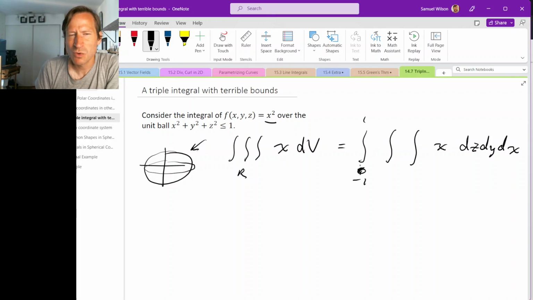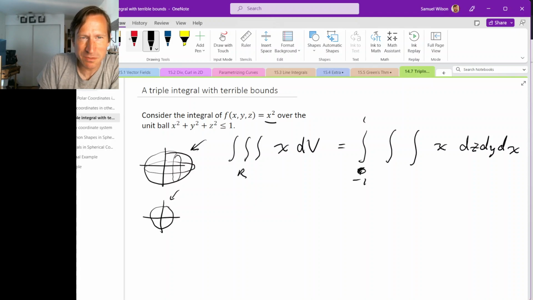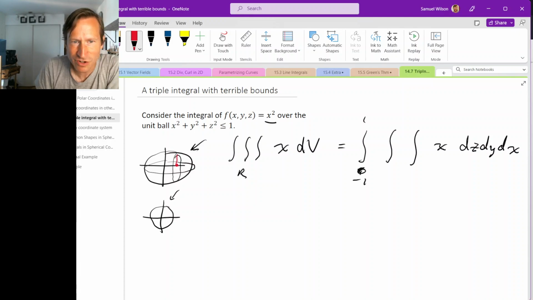What y coordinates does it touch? If you take a slice at a certain x position, you get a circle. And what y coordinates does the circle touch? Well, it depends on the x coordinate, because the radius of the circle gets smaller as you move further to the right on this thing.